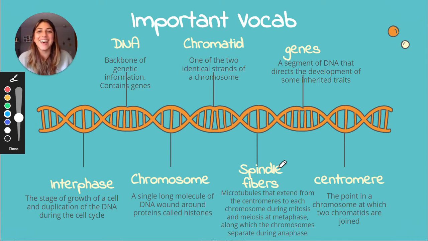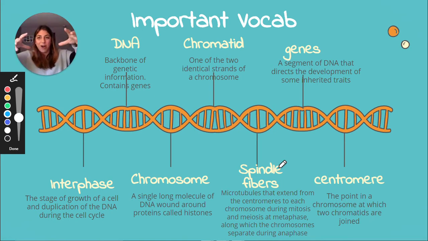I do love talking about the spindle fibers because it's so cool. They're called microtubules. That's what the material is, and they extend from the centromeres to the chromosomes to connect to those centromeres to then pull them back. It's kind of like this fishing pole situation where it gets cast, you get hooked, and then you reel it back. But there is nobody casting the line.